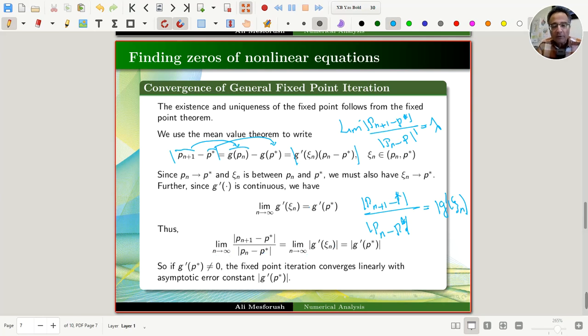But from here we know that this limit is equal to g prime of p star. From here we put here.